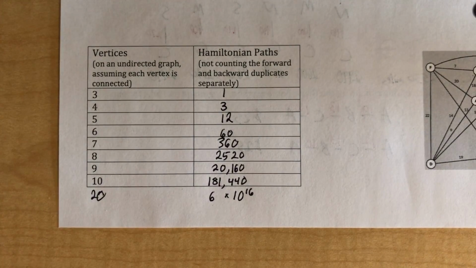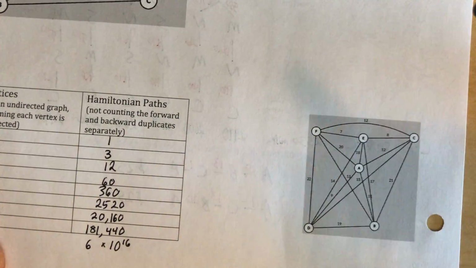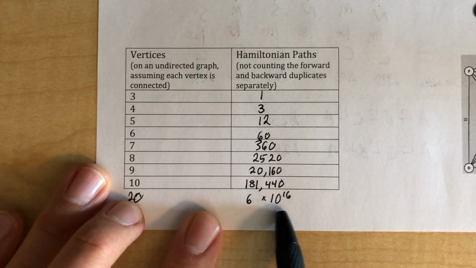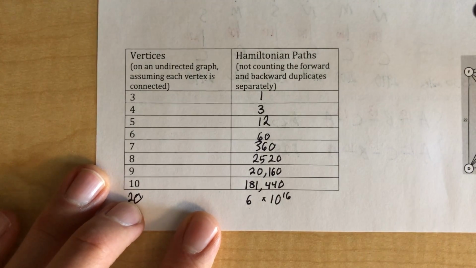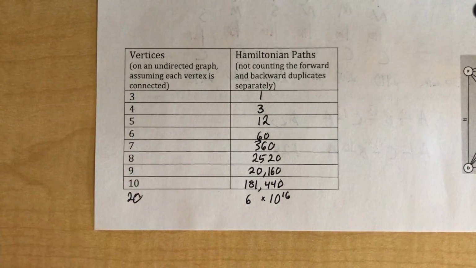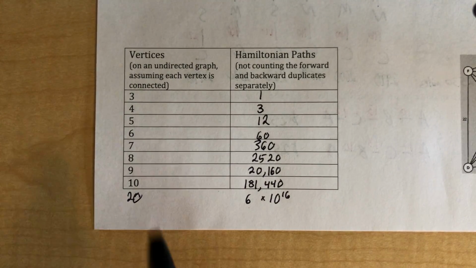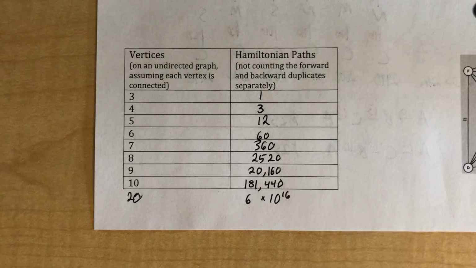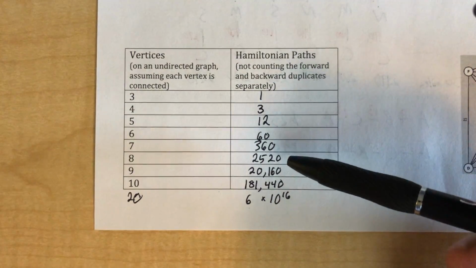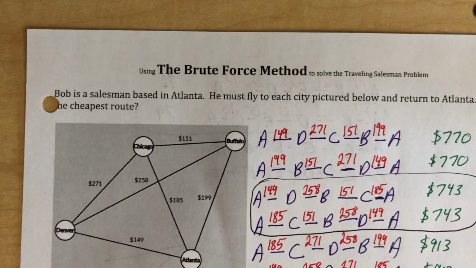Some of them, I don't know exactly what it is doing, but it is finding paths that would be shortest, but there's no way it could explore every possibility unless it's like a super duper short route. So when your GPS is thinking and it's like loading maps, it's going through a lot of possibilities, whether it's with the brute force method or some of the other methods that we're going to learn later.